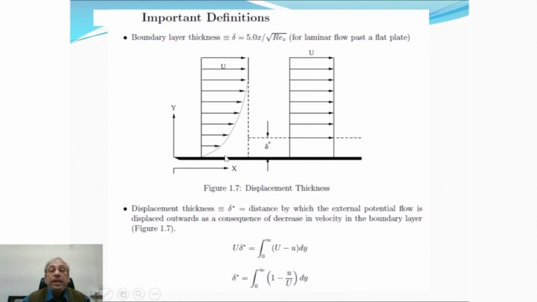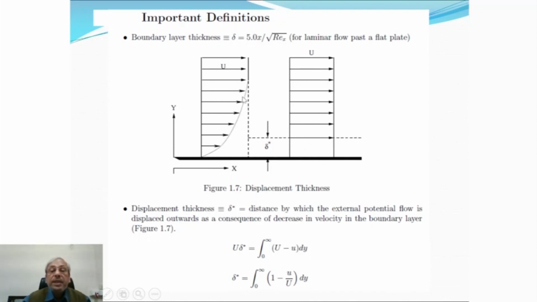You can see that within the boundary layer, velocity increases slowly from 0 to the full scale velocity, or the free stream velocity, which is attained at the edge of the boundary layer. So it is as if some fluid mass is not allowed to flow through due to viscous resistance.